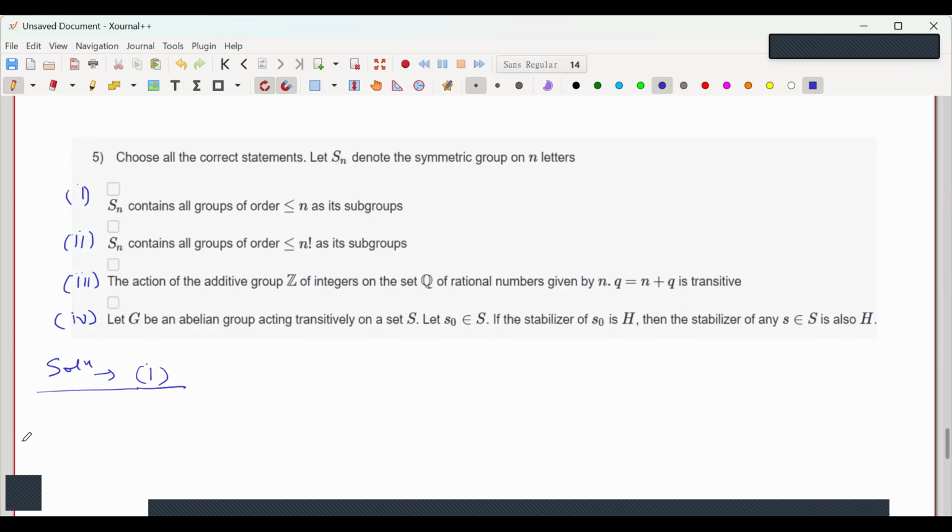So this is an application of Cayley's theorem, right? Yes.